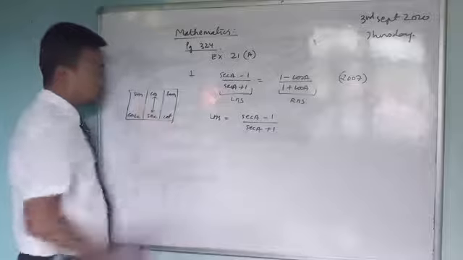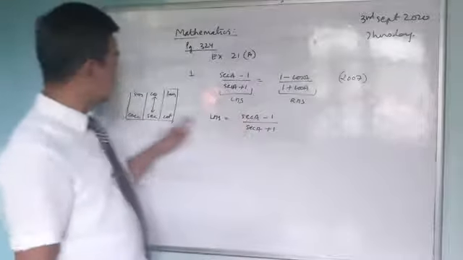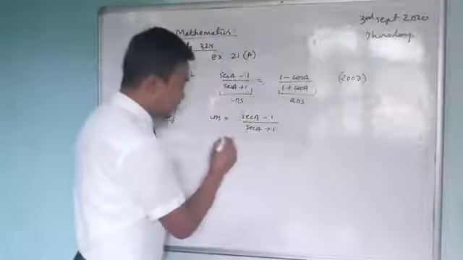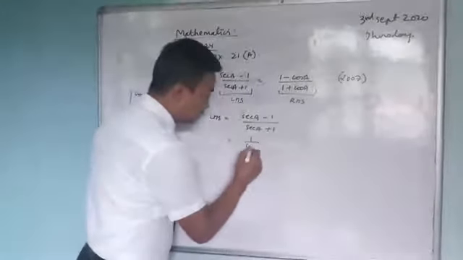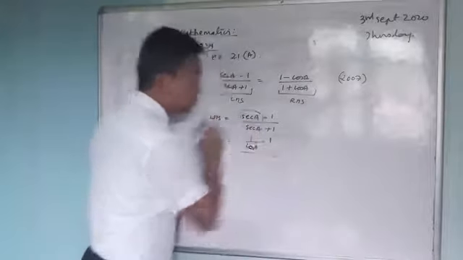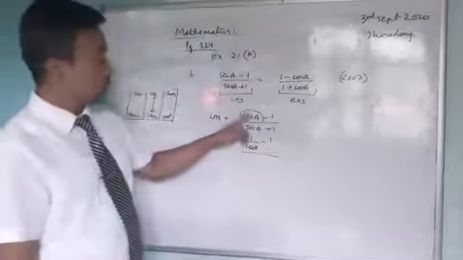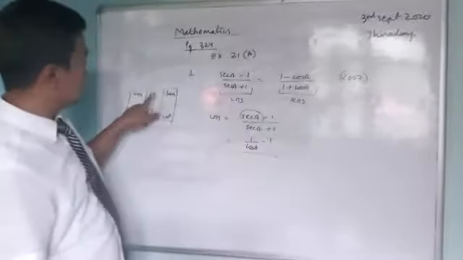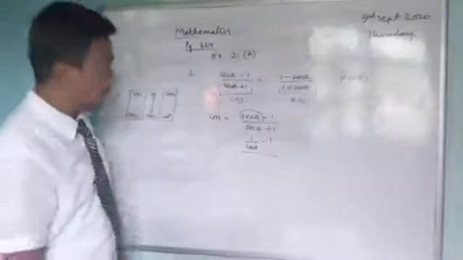See, this will be applied here. Sec theta is the reciprocal of cos. So in place of sec A, you write 1 by cos A, minus 1. See, only this is replaced. We have used the formula of sec theta, which is 1 by cos theta. See, this table will help you to remember.